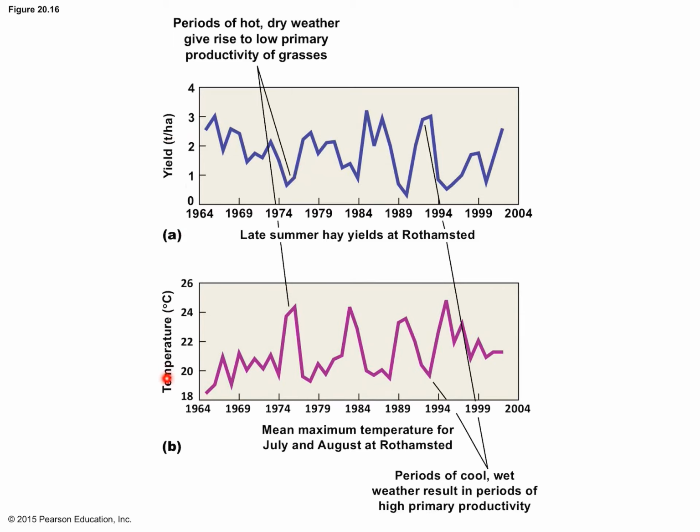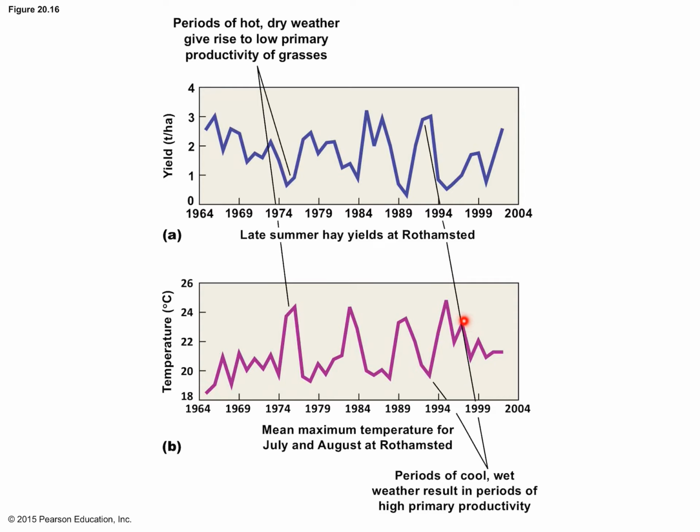So this is our productivity. Here we have temperature. So you can see that low productivity, that dip right there, corresponds to a bump in temperature, a temperature extreme at that same time, 1975, 76 maybe. Here we have an increase or a peak in primary production, and this corresponds to a period of cool, wet weather, okay?